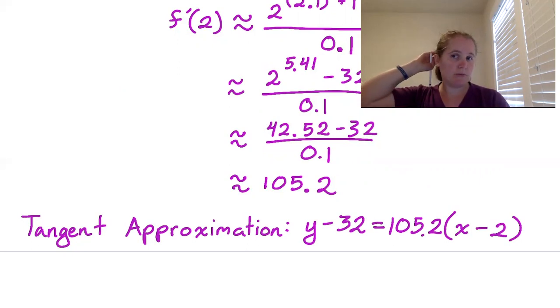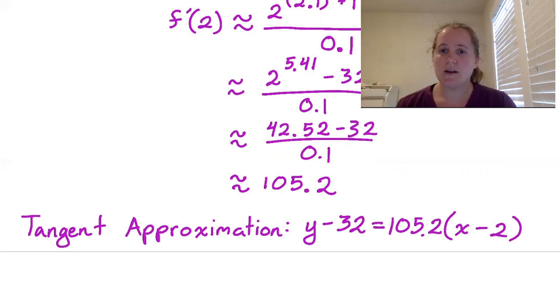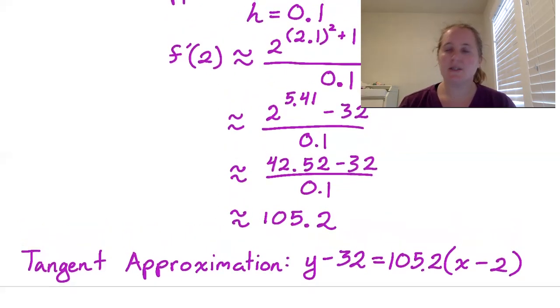And then, of course, we could rearrange that into slope intercept form if we wished, or we can leave it as is. But that is our tangent line approximation. What we are doing is we are approximating the slope, we are approximating the derivative.